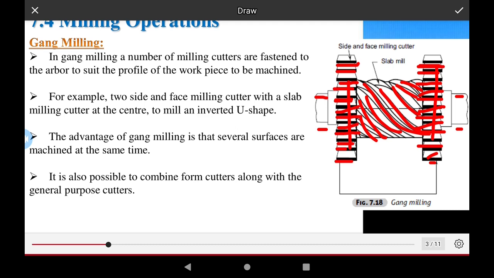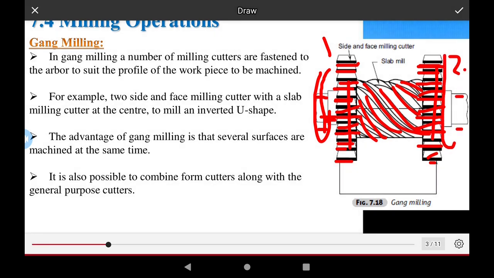On one side is a side and face milling cutter, and on the other side is also a side and face milling cutter. The two cutters are mounted on one shaft, and both tools rotate in the clockwise direction.